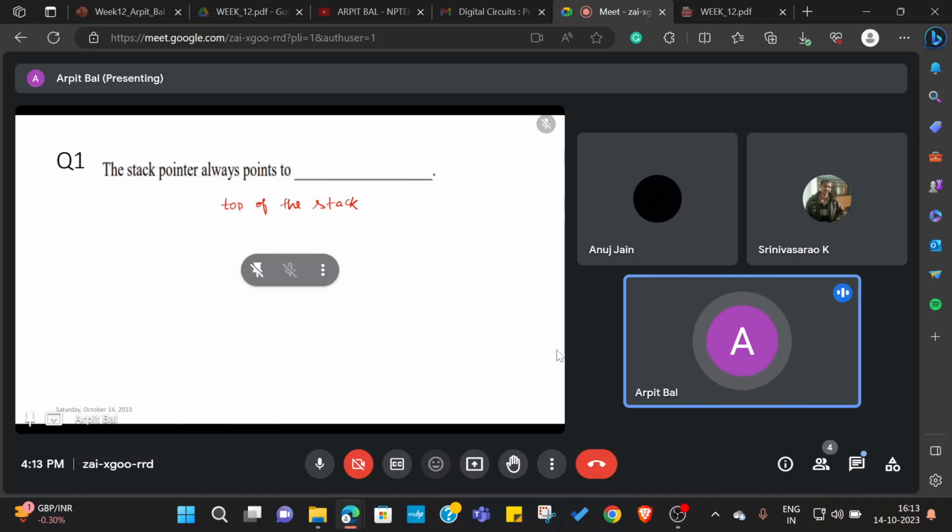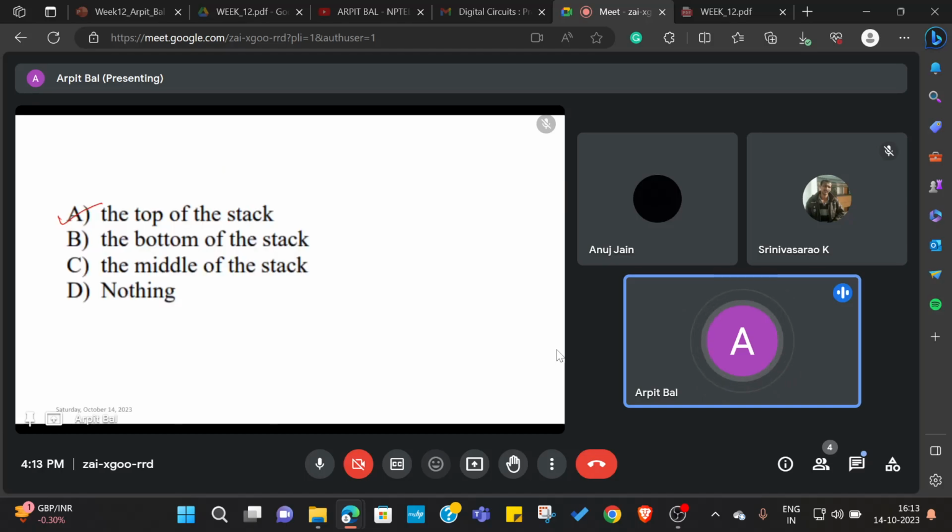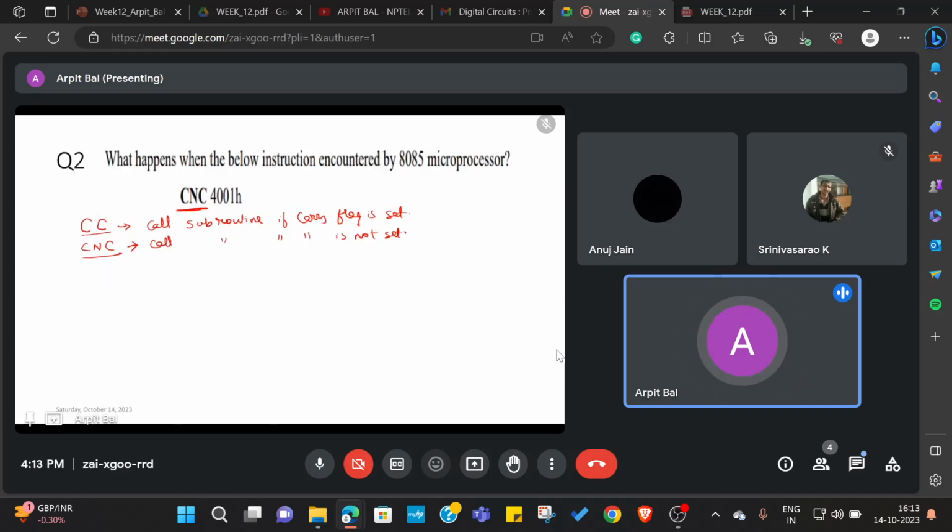The first question was related to the stack pointer, and the stack pointer always points to the top of the stack. The next question was related to the operation performed by the instruction CNC 4001H. CNC is a conditional call supported by the 8085 microprocessor.